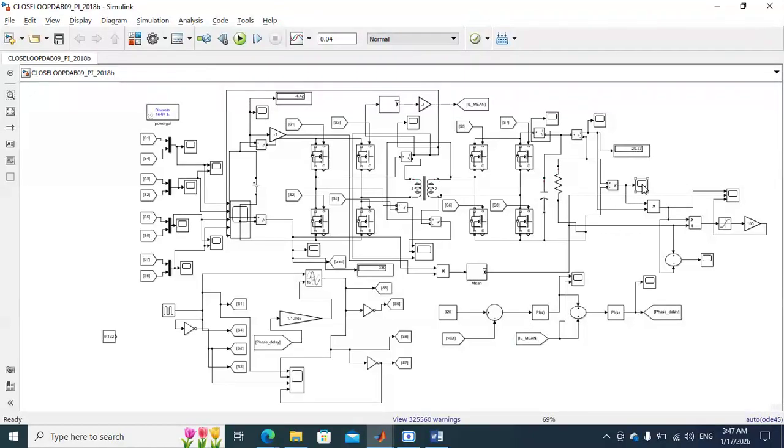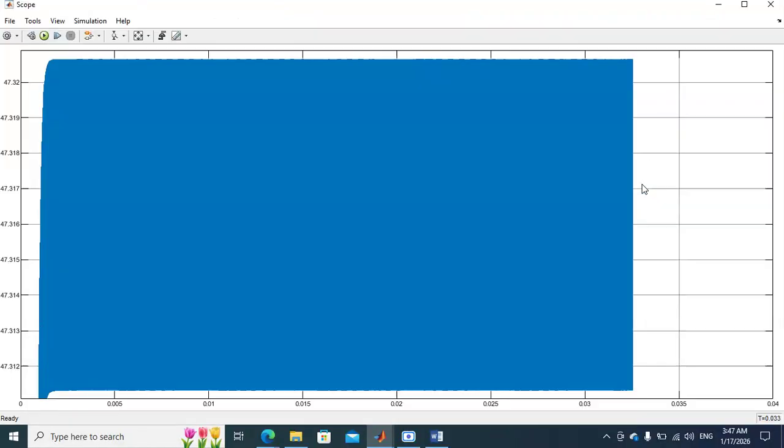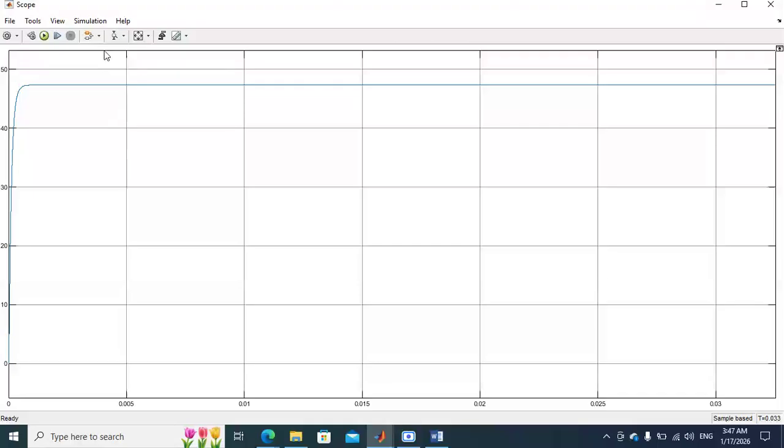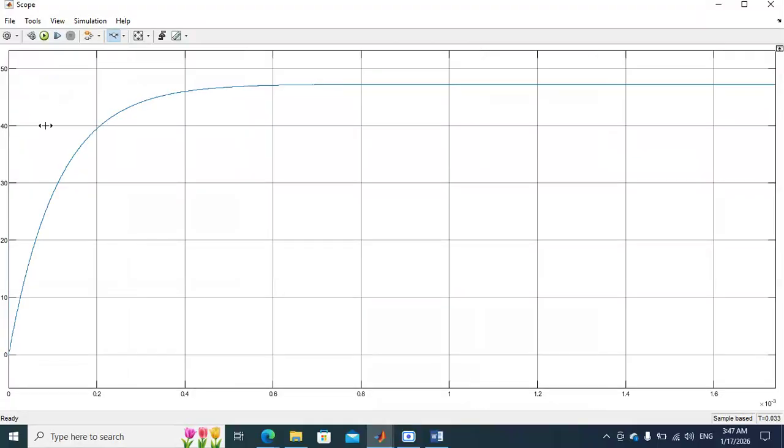In this PI controller the output is settled at 47.3 volts, and the settling time is around 0.7 millisecond.